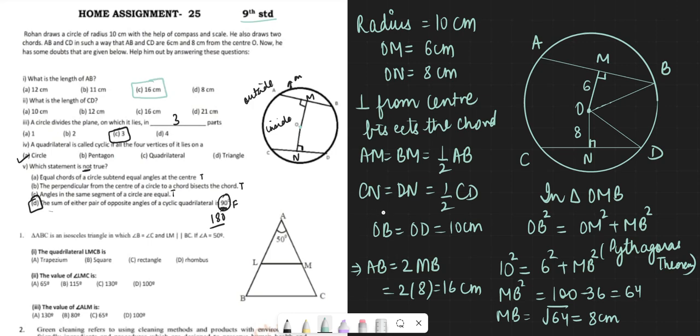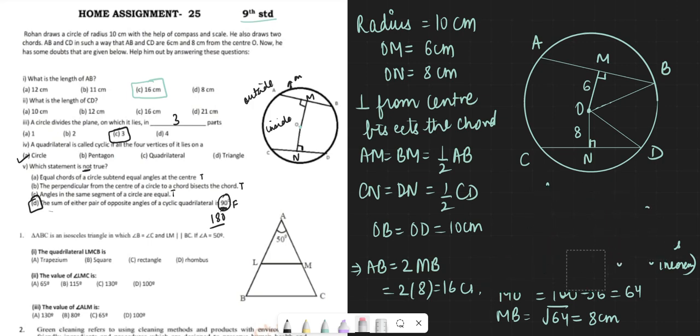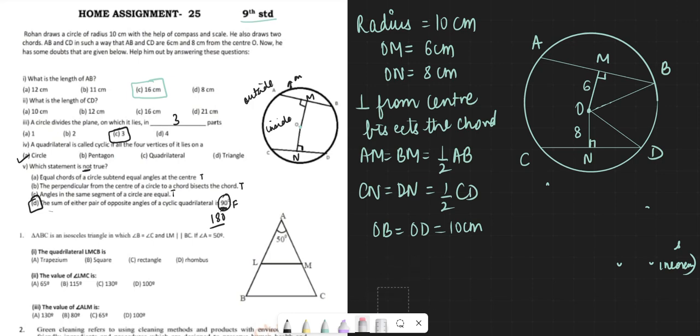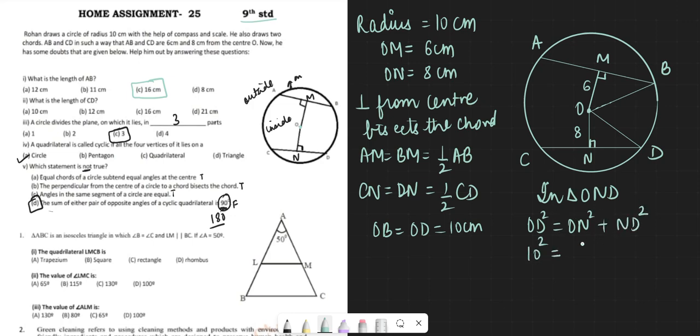Similarly, what we have done for AB, we'll do for CD as well. So I'll take triangle OND. By Pythagoras theorem, OD square is ON square plus ND square. OD again, the radius, is 10 square. ON is 8 square. ND we need to find out.